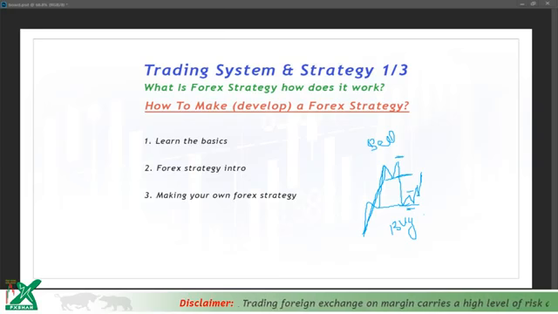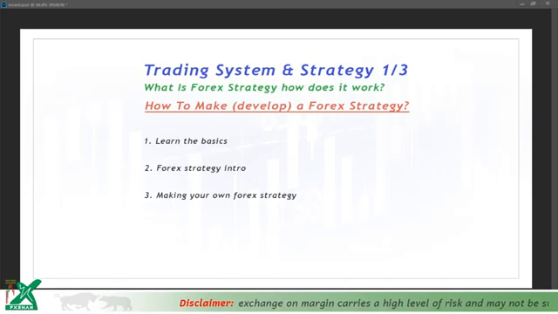I am not going in depth on the patterns, but let me just explain that this will be your strategy, which is the set of rules, right?